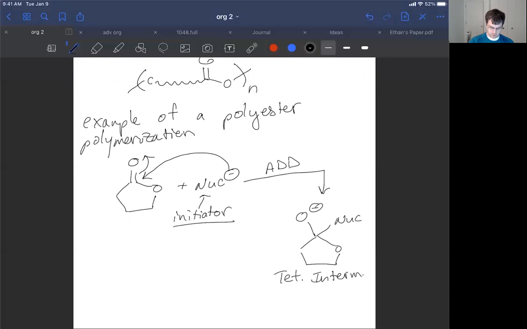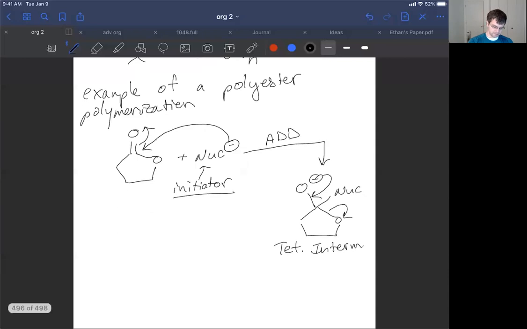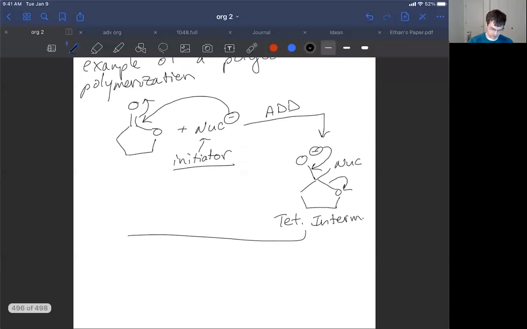Now the intermediate's important. This is not a long-lived species because the negative charge is going to come back down, reform the double bond, and kick out the better leaving group. So if the nucleophile gets pushed off, well, we just get our starting materials. So in this case, we're going to kick off the ester oxygen. That's going to give a nucleophile, now attached to a carbonyl. Now let's count carbons: 1, 2, 3, 4 over to the oxygen.